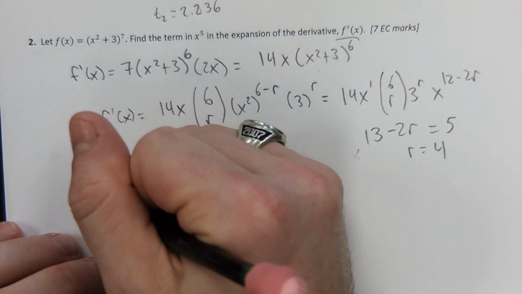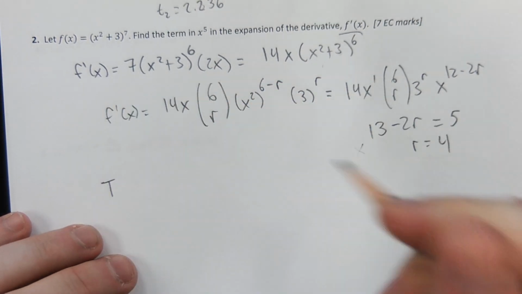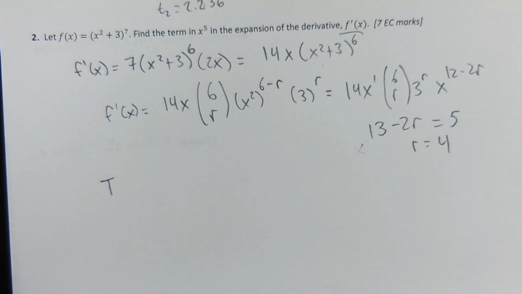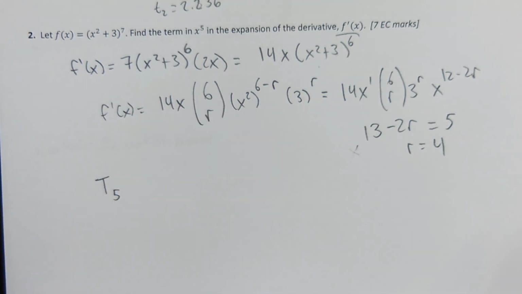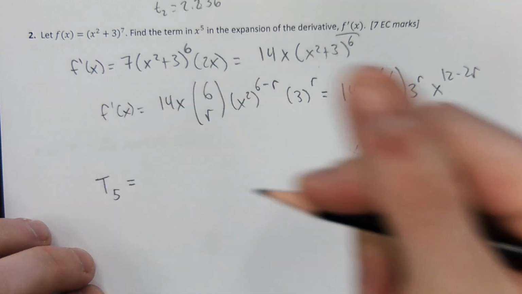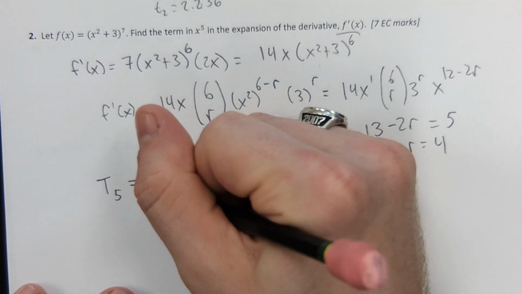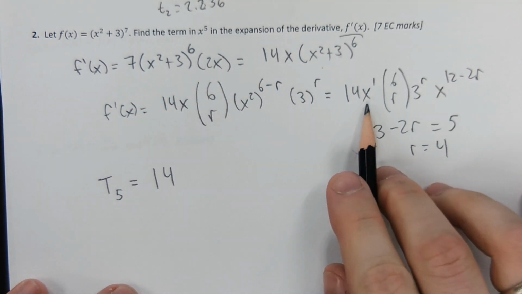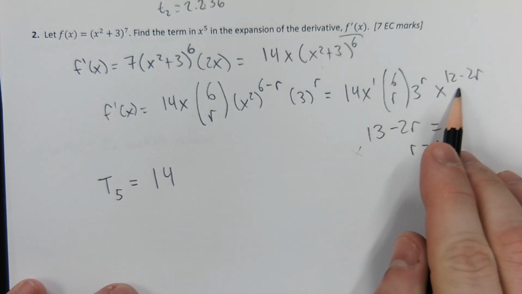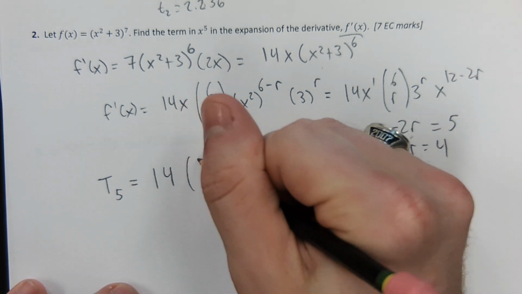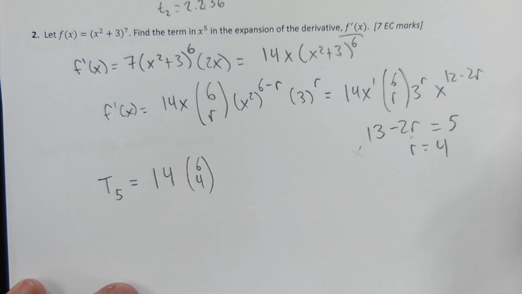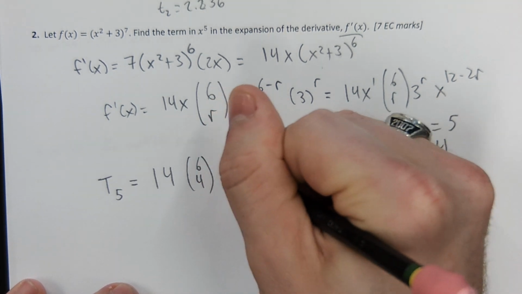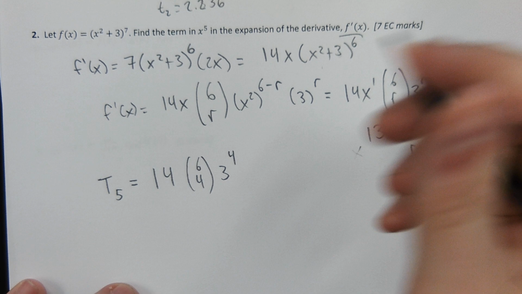expansion. So what we're going to say is t sub, remember it's t sub r plus 1? So it's the fifth term. You didn't have to actually know it was the fifth term, but it is. We have a 14 on the front. This x, remember we combined it with this x to get this 13 minus 2r. I have a 6 choose 4, whatever that number is. I have a 3 to the fourth, which is 81.